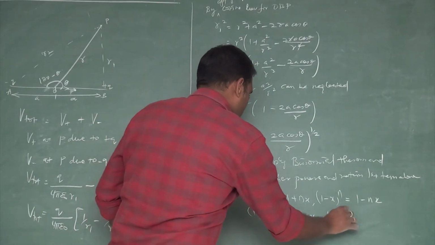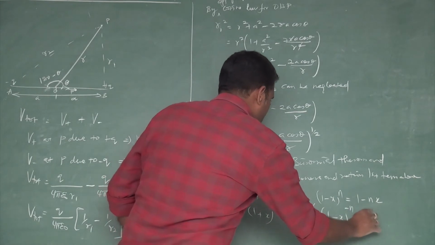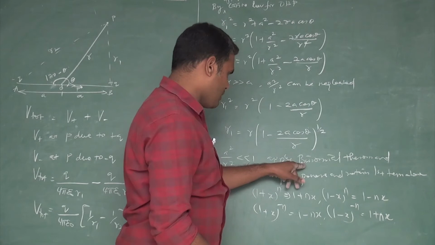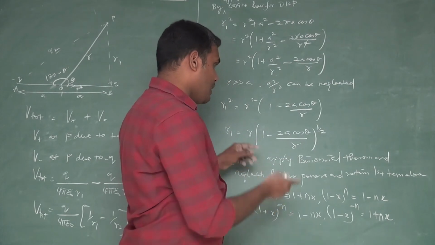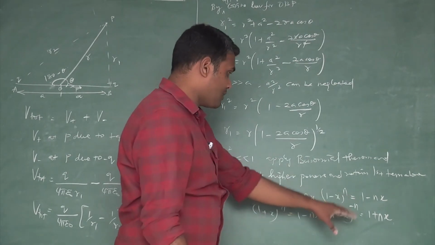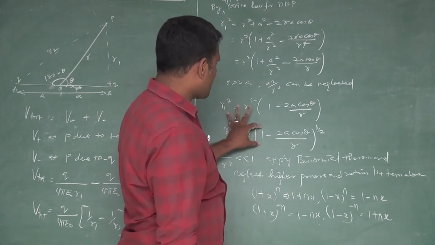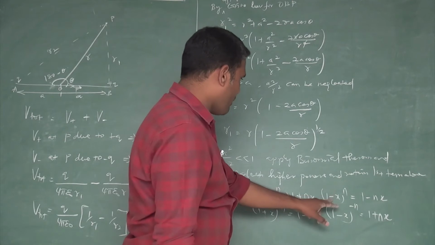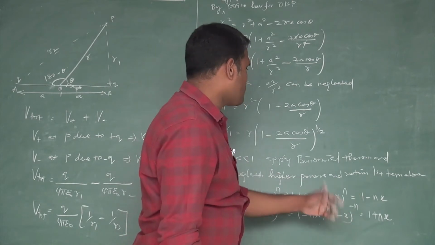Then 1 minus x the whole power minus n will be 1 plus nx. So when you apply the binomial theorem, neglect higher powers and retain the first term, you get terms like this. And this expression is of the form 1 minus x the whole power plus n. So what will you get?